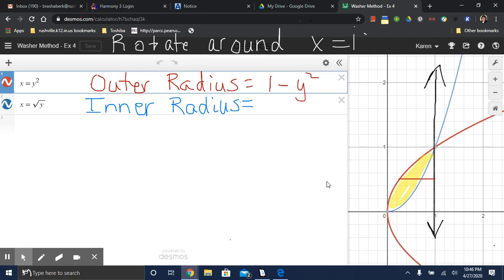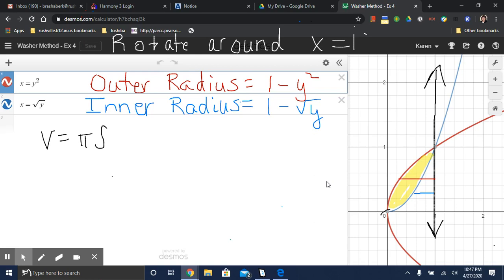And then we'll look at the inner radius, which is just the hole from the axis of revolution to the beginning of the region. And so again, that would be the axis 1 minus the blue curve, which is the square root of y. So our volume equation will be volume equals pi times the integral.